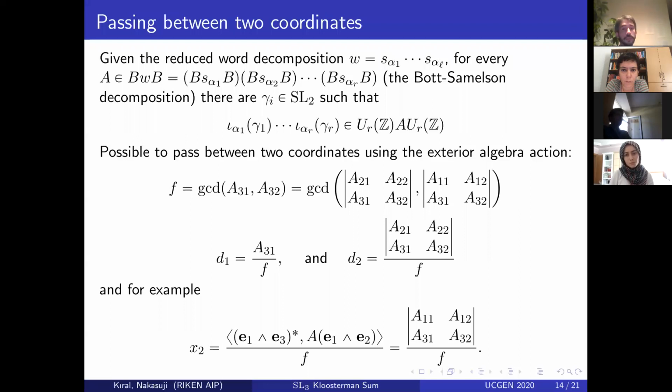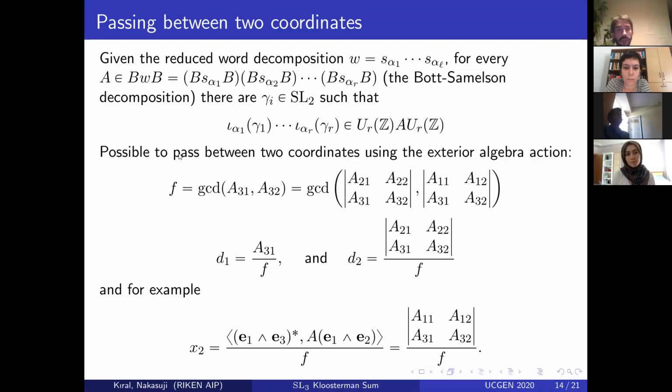For example, F would be obtained by the GCD of either the lower left corner and the next one, the bottom row, first two elements, or the lower left 2 by 2 minor and this minor. Oh, and by the way, just like the big cell, the BWB set, this algebraic set in SL2, was characterized by the lower left corner not being 0, the C not being 0.